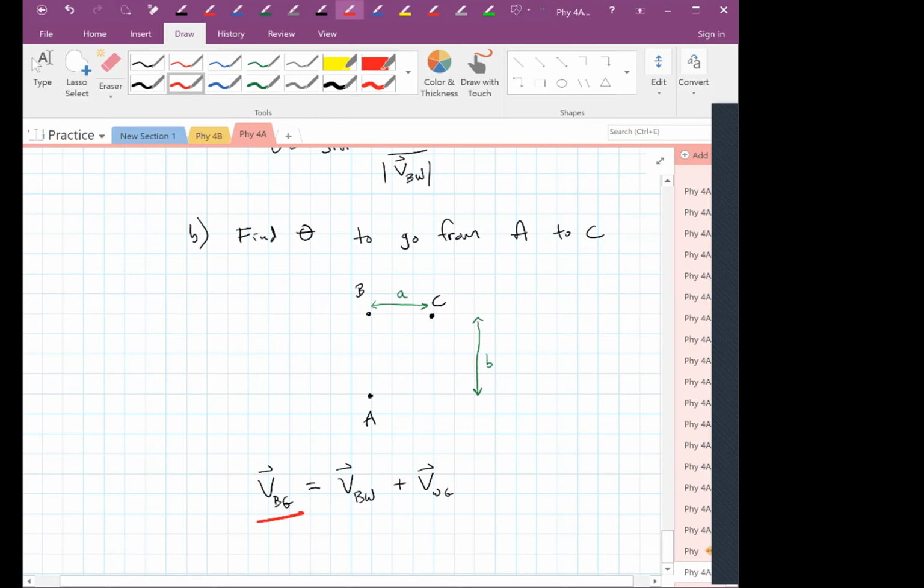This one, the velocity of the boat with respect to the ground, because we know the boat leaves A and ends up at C, so the velocity of the boat with respect to the ground has to point in that direction right there. And the water was given, right? What am I using? Blue for water? The water was given some amount in this direction, right?